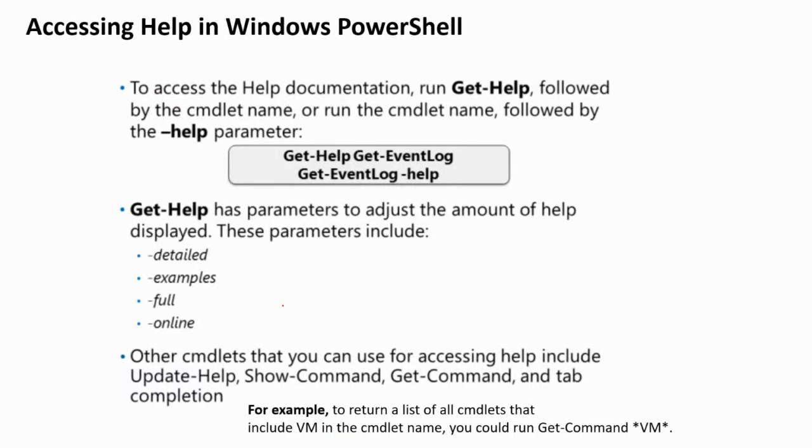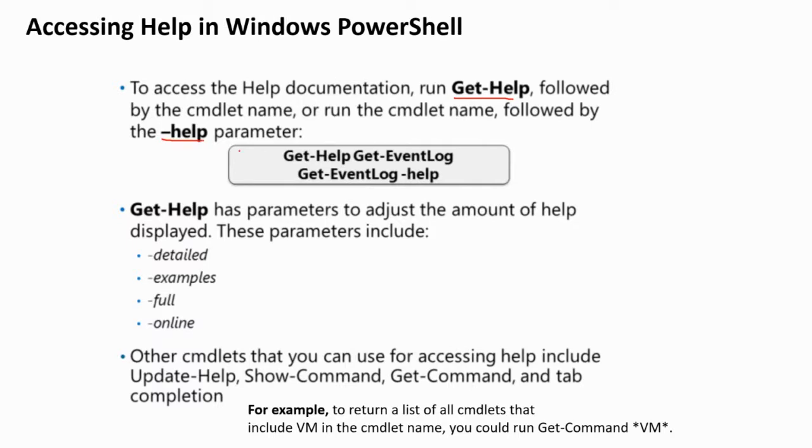In order to access the help in PowerShell, we can use Get-Help. For example, to access the help documentation, you can run Get-Help followed by the cmdlet name, or run the cmdlet name followed by the -Help parameter.